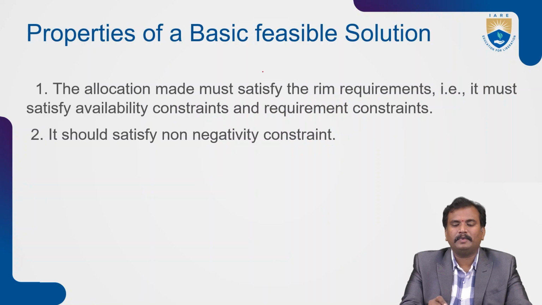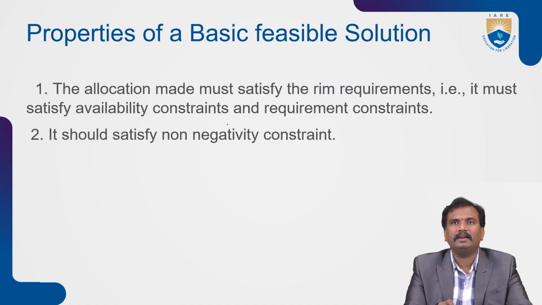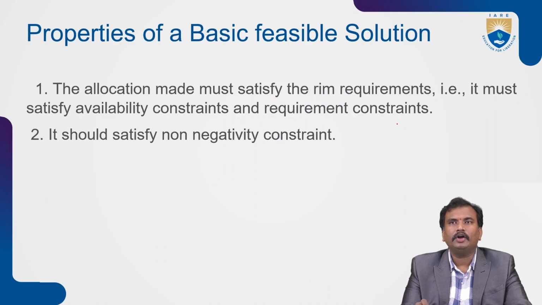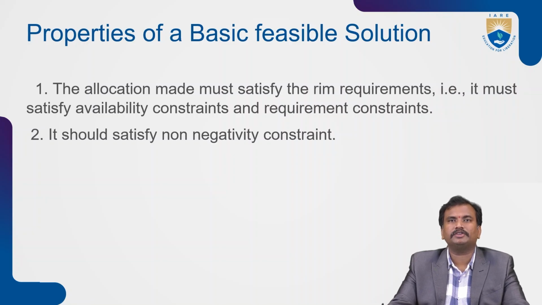The properties of a basic feasible solution: the allocation made must satisfy rim requirements, that is, it must satisfy availability constraints and requirement constraints. Whenever we go with a transportation problem, we have 2 different types of constraints, availability constraints and requirement constraints.